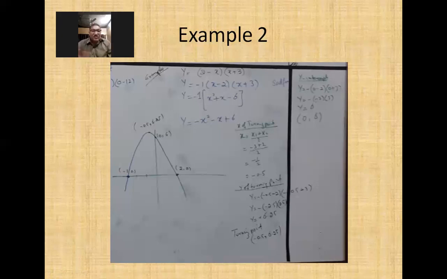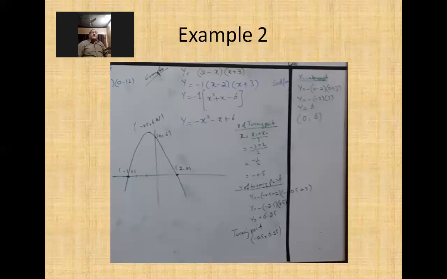Once you know the 2 x-intercepts of that graph, you need to find the x of the turning point. If you want to find the x of the turning point, the formula is simple. X is equal to x1 plus x2 divided by 2. x1 is 2 and x2 is minus 3.